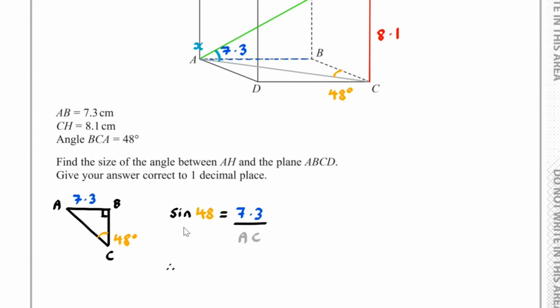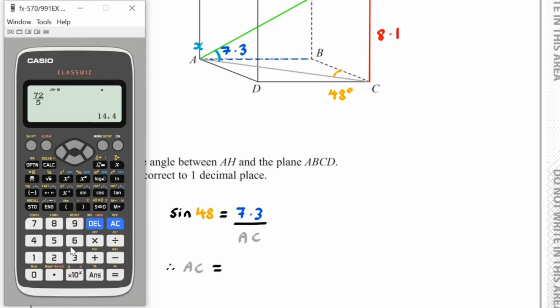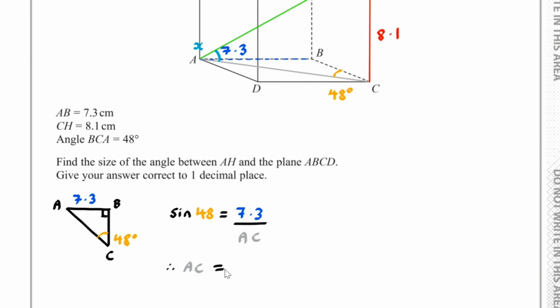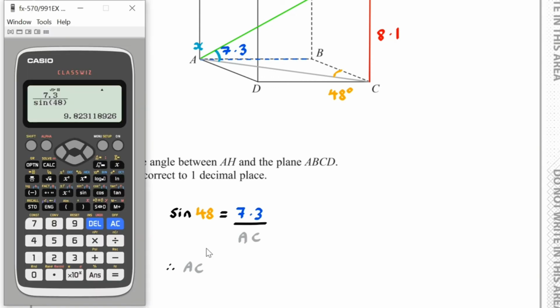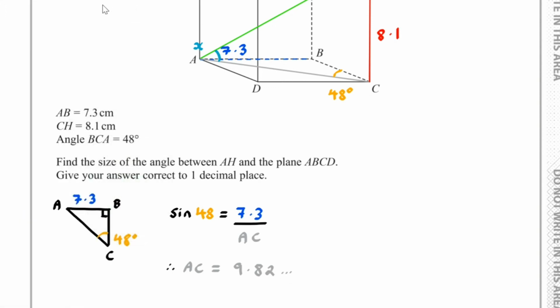And so therefore, AC is equal to 7.3 divided by the sine of 48, which is, well, if I write this down, I've got AC equal to 9.82, etc.